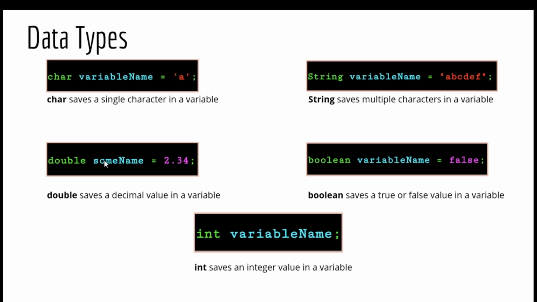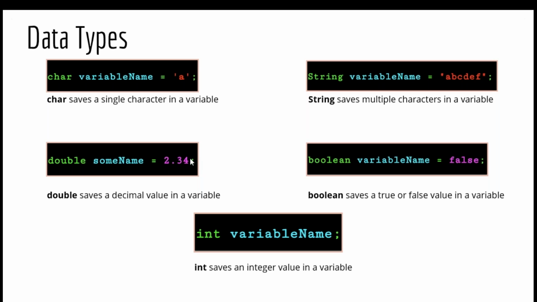It says double, a variable name, is equal to 2.34, and then a semicolon. This is a data type called double, and double saves a decimal value in a variable. As opposed to int, which can only save whole number values, whether negative or positive, it can't save decimal values.